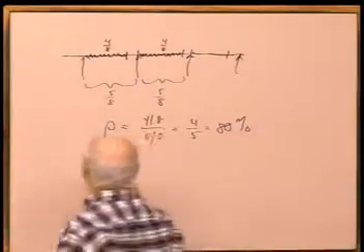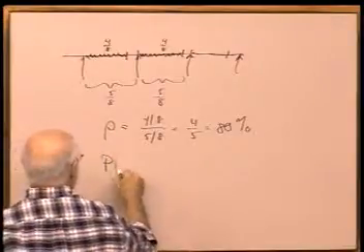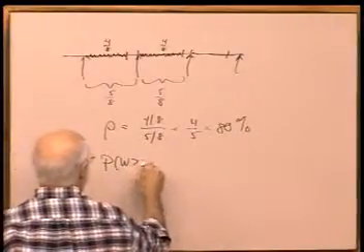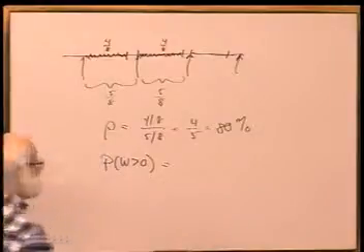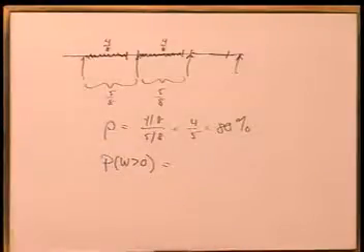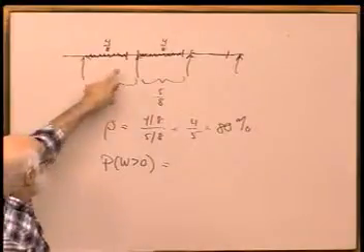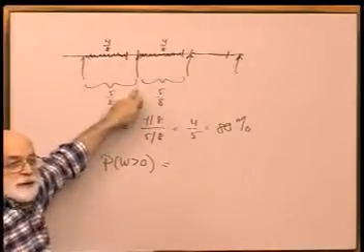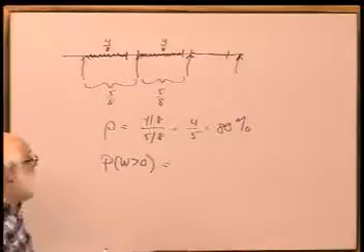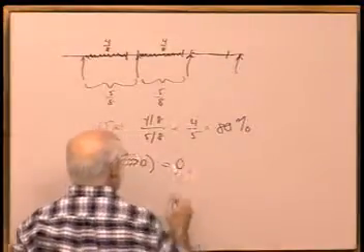But what's the probability of waiting? What fraction of customers have to wait in the queue? Anybody know? 0. Nobody waits, because when somebody arrives, he leaves before the next guy arrives. So therefore, nobody waits in the queue. The probability of waiting is 0.